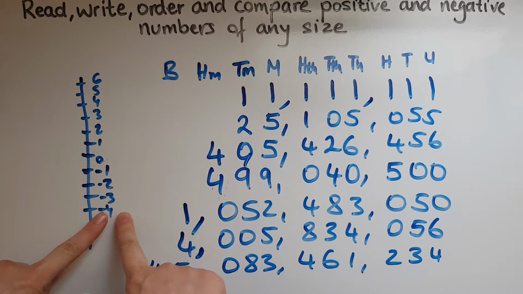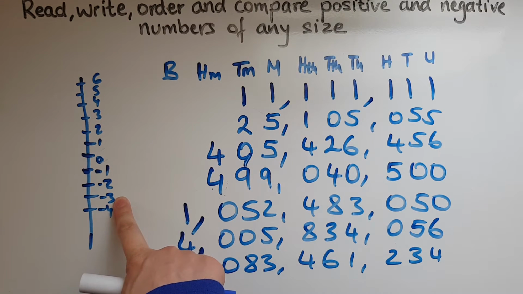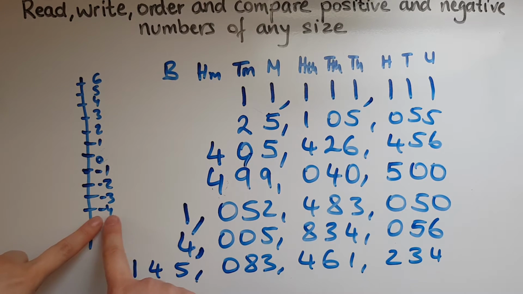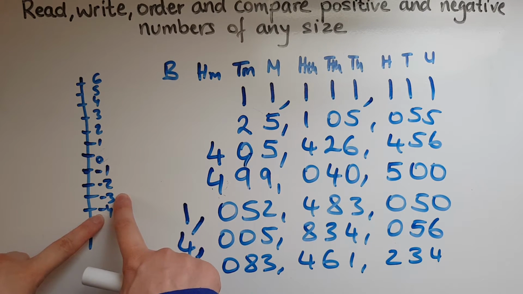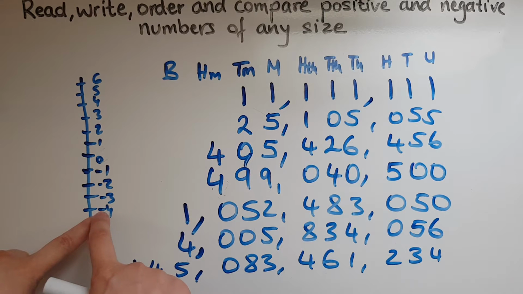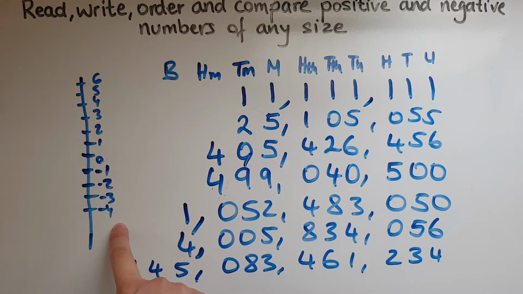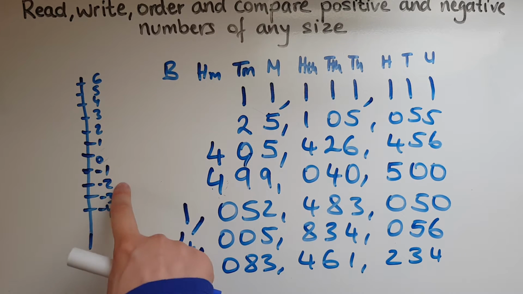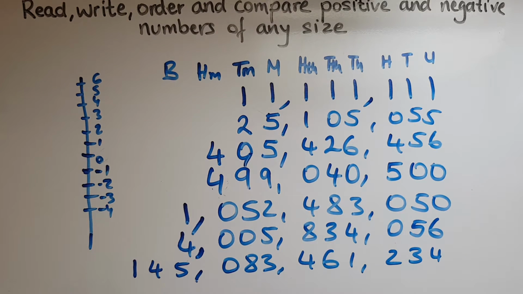So -4 and -3, which one is smaller and which one is bigger? -4 actually is smaller because it means having less money, it means a lower temperature. So despite the fact that this is a digit 4 and this is a digit 3, that minus in front makes it even smaller. So -4 is smaller than -3, smaller than -2, smaller than -1, 0, and so on.